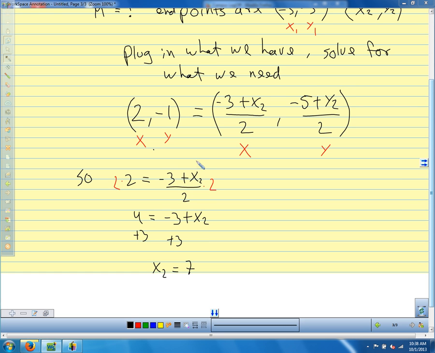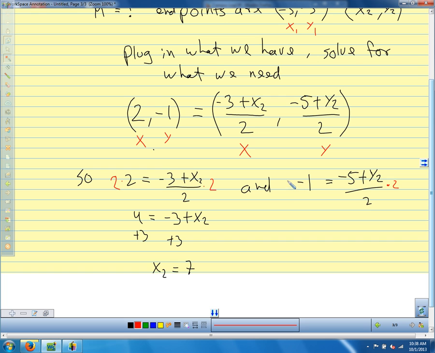And I'm going to do the same thing for the y coordinate. -1, the y part, equals -5 plus y2 divided by 2. I solve this problem the same way. What's my first step here? I want to get rid of this 2 in the bottom. So what do I do to get rid of that 2?